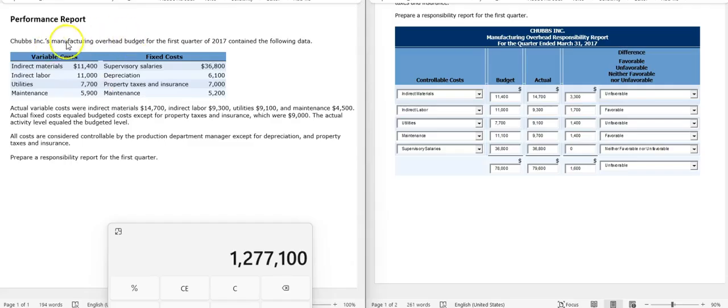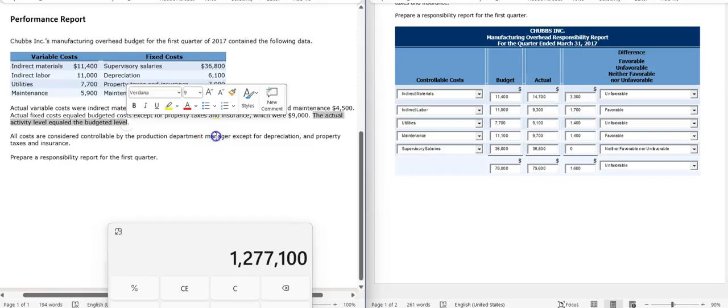They have given us a manufacturing overhead budget for the first quarter of the year, and then our actual costs for that first quarter. They have indicated that the actual level of activity equaled the budgeted level. So we already have a budget based off of the same level of activity, which means we don't need to flex this budget.